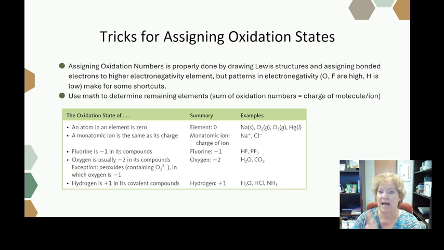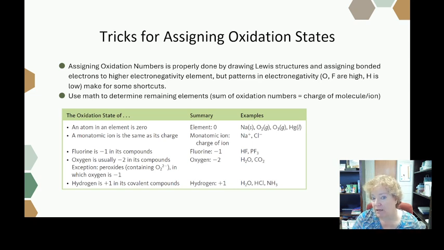So if I have an atom or an element in its diatomic state, 0. If I have a monatomic ion, so I have a hydrogen ion, I have an Na+ ion, the charge is the oxidation number. So sodium +1 is +1. All of my normal metal ions will have their oxidation number be their charge.